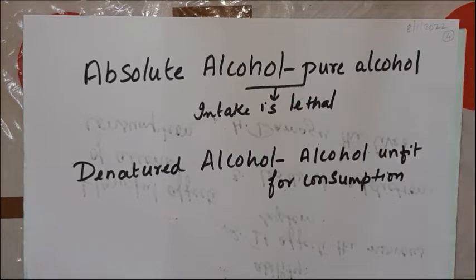By adding some colored dye or certain other things which make it unfit for drinking. Such an alcohol which is made unfit for consumption is called denatured alcohol. So these two terms are very clear to you. If it is asked to distinguish between absolute alcohol and denatured alcohol, you can write these 2 points.